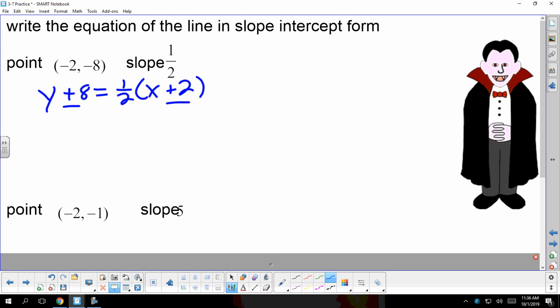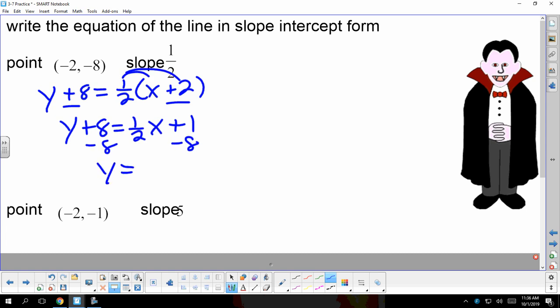Now I put it in slope intercept form. Y plus 8 equals 1/2 x plus 1 as I distribute through. Subtract 8 from both sides. Y equals 1/2 x minus 7. Slope intercept.